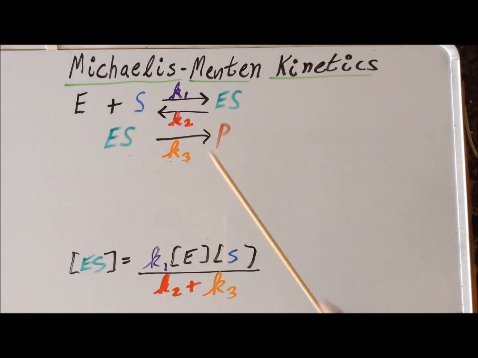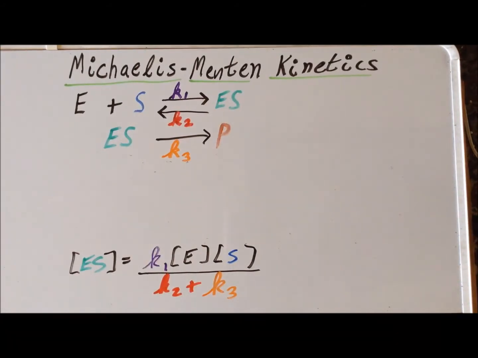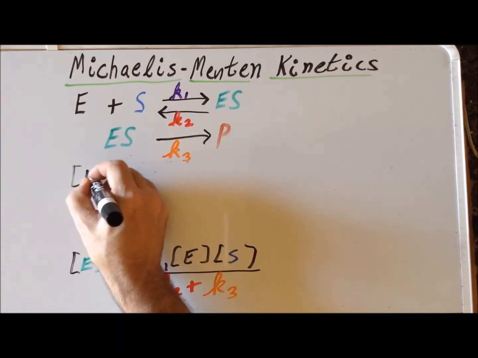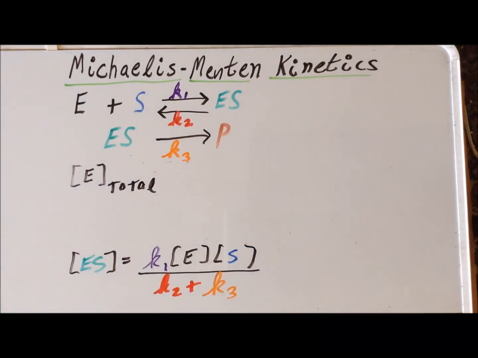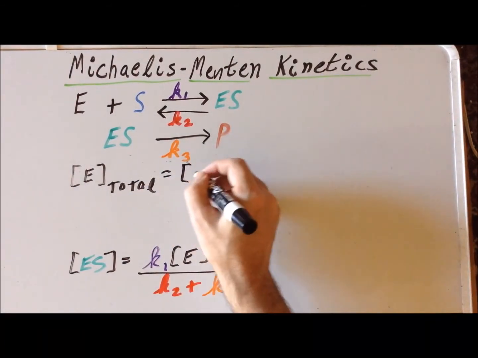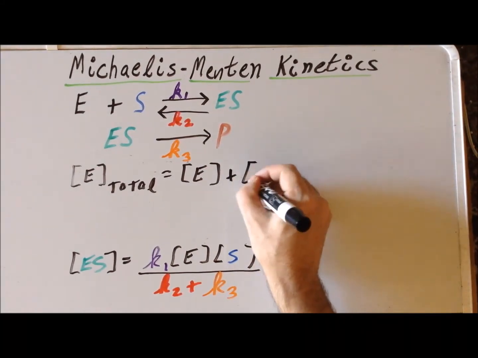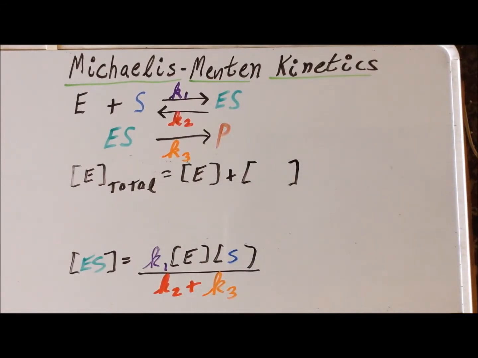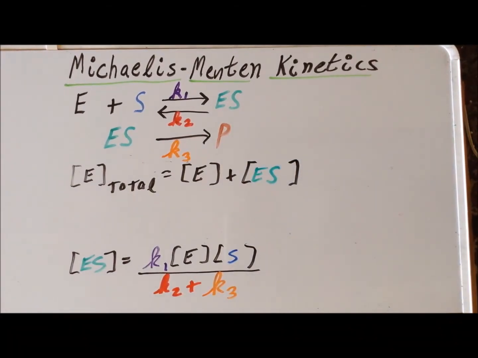We notice in our reaction scheme that the enzyme can be in two different states. It can be as free enzyme, or it can be bound to the substrate in this complex. That suggests that we can write a relationship for the total concentration, which I'll write as E sub total, and that's equal to the free concentration of enzyme plus the concentration of enzyme that is bound in the complex with the substrate, and that's simply the concentration of ES.